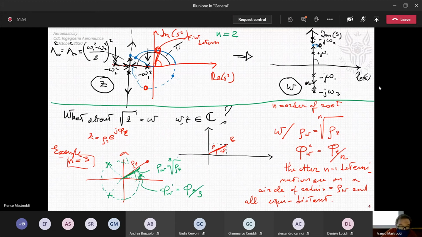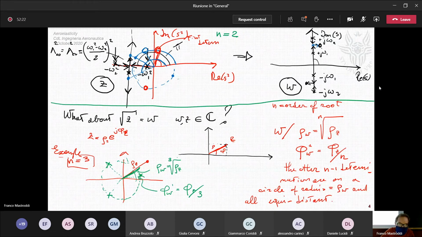Okay, this is this pole here. The other s squared pole here is another complex number. You have to take the square root, and therefore you have to take this phase divided by 2, and therefore you have this value.